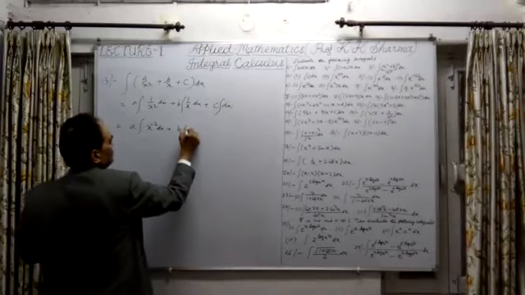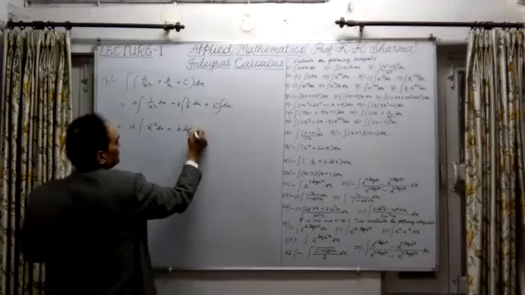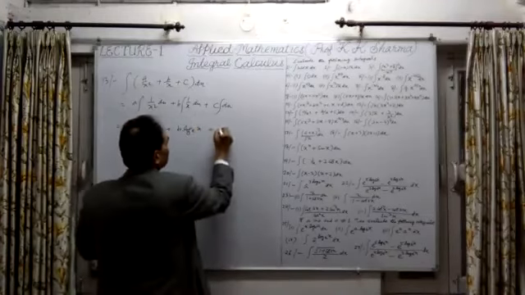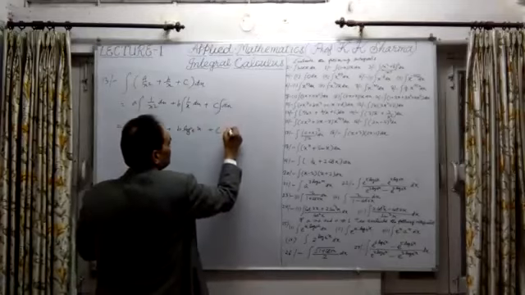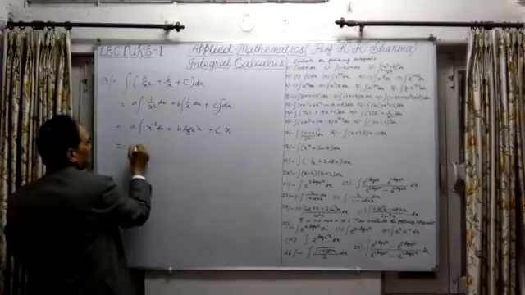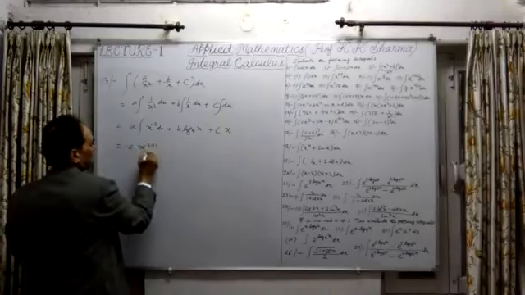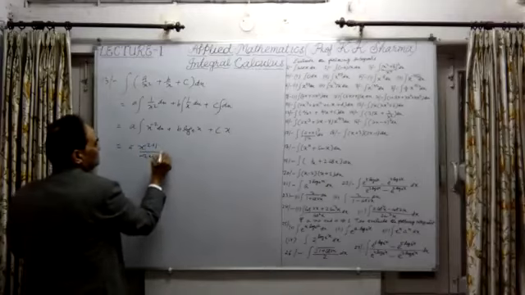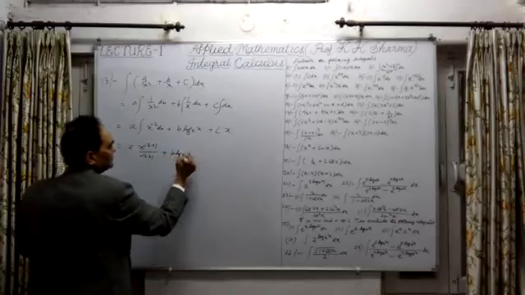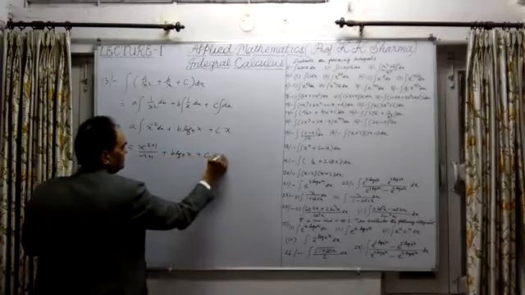But this is b into integration of 1 upon x, log of x to the base e, plus constant c into 1, integration is x, c into x. Plus this is a into x raised to power minus 2 plus 1, divided by minus 2 plus 1, plus b into log of x to the base e plus c into x.